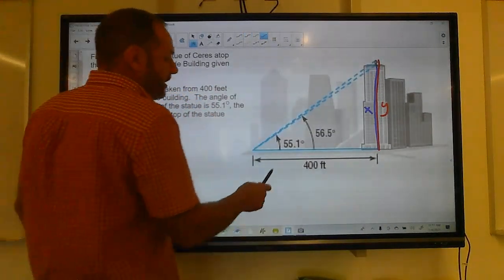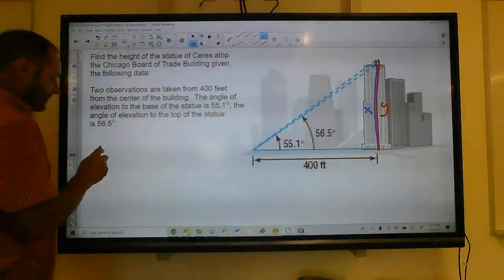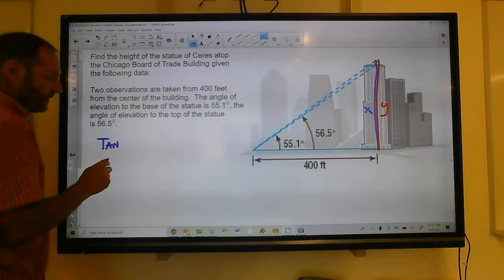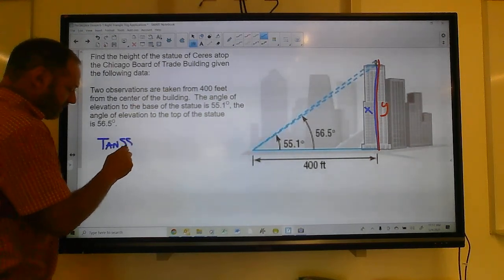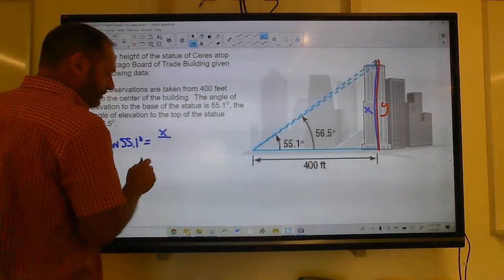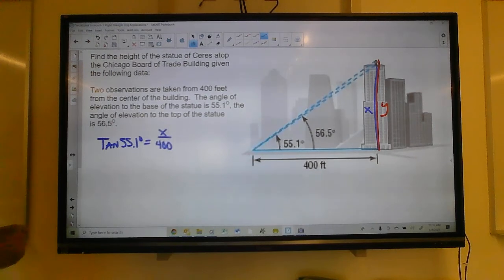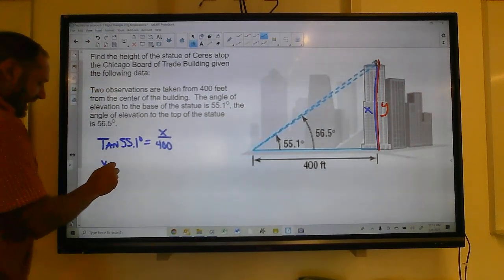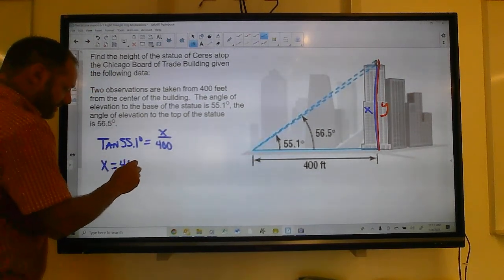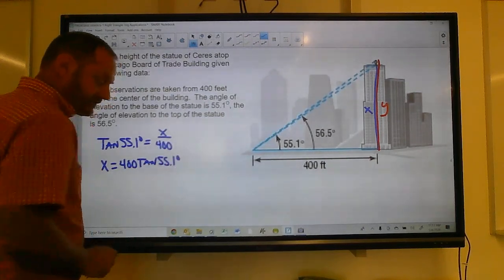So this is the side opposite, and this is the adjacent. I'm going to use the tangent. So the tangent of 55.1 degrees is going to equal the opposite, which is x, over the adjacent, which is 400. And so x is going to be 400 times the tangent of 55.1 degrees.